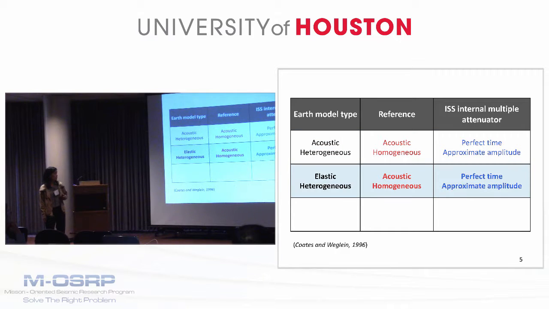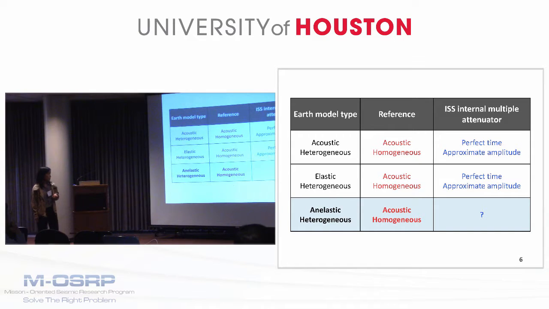Second, if the Earth is heterogeneous elastic, then Kaiser and Weglein found that by using a homogeneous acoustic background, they can effectively predict the converted internal multiples. You can see a wrong model, but a satisfying prediction result.